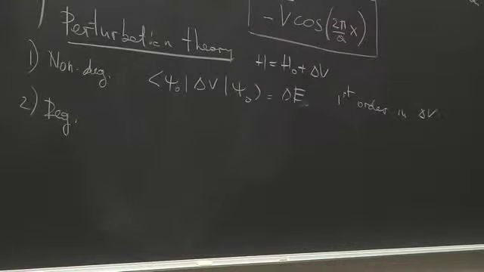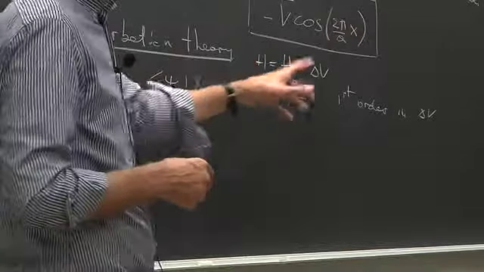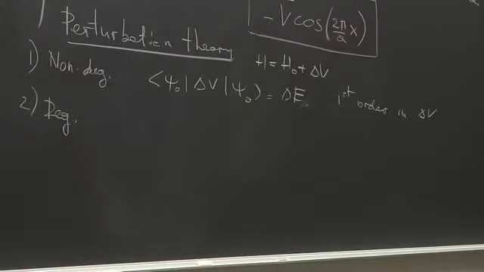And then you have to diagonalize the corresponding 2 by 2, 3 by 3, n by n matrix. All familiar with this? If not, go back to your quantum mechanics textbooks or your lecture notes and try to find out where these statements are made.